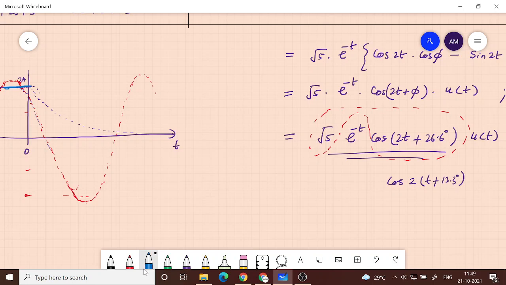So when you multiply these two, it is going to reduce smoothly, then it will go down, and when the cos function becomes 0, this should become 0, because anything multiplied with 0 should be 0.